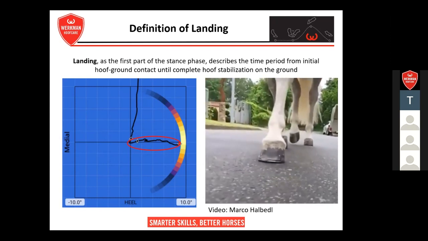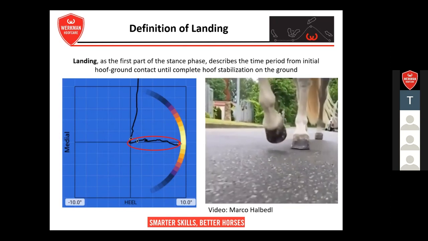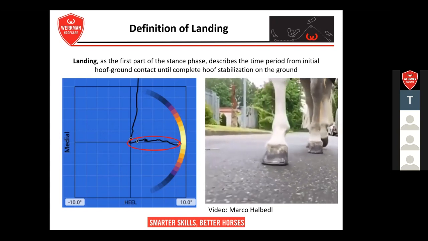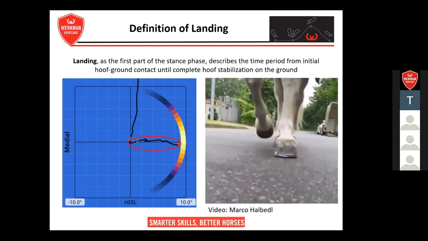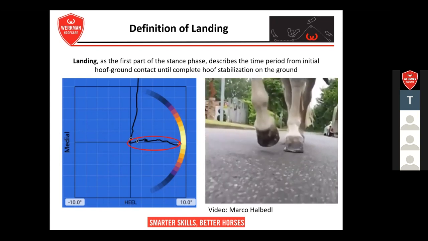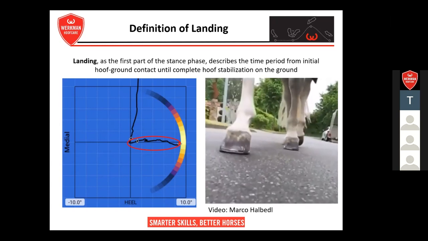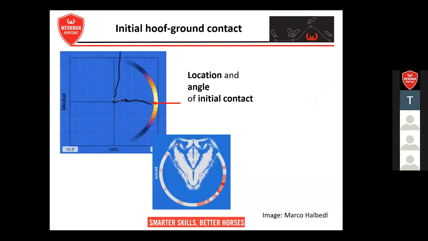This is because this horse is landing on asphalt, on a firm surface, with a short hoof. And then of course you see it tipping a little bit, and this is represented in this line. This is something you would discuss as stabilization on the ground, because of different properties of the hoof and also of the ground. But we will focus first on initial contact.